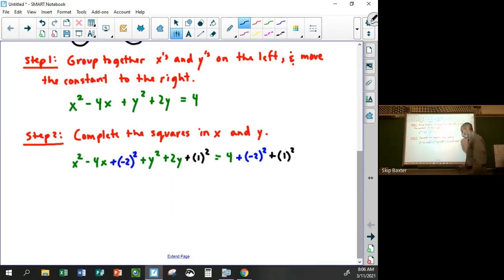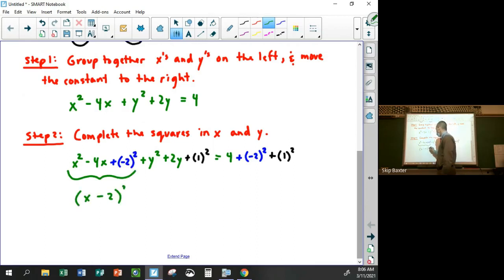And then remember, the way that we pick that number by taking half the coefficient of x and squaring it makes this here factor as x minus 2 squared, right? It's whatever this number is, or term is, plus whatever this term is. Same thing goes for the y's.